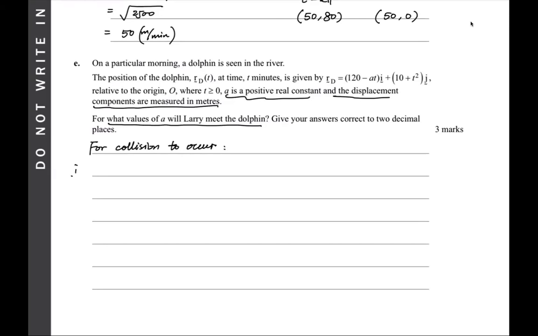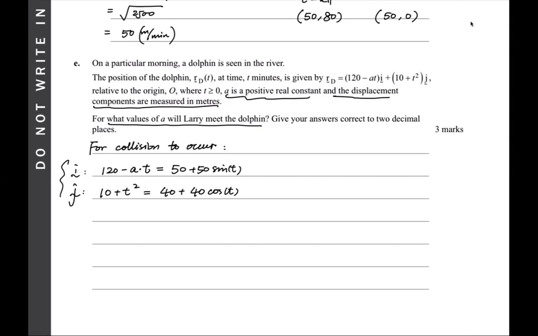equating the i components, we have 120 minus A times t equals, well, Larry has the position vector, x component, 50 plus 50 sine of t. And for the j component, I suppose 10 plus t squared equals 40 plus 40 cosine t, okay? And you can use your CAS calculator to solve numerically rather than exactly, okay?